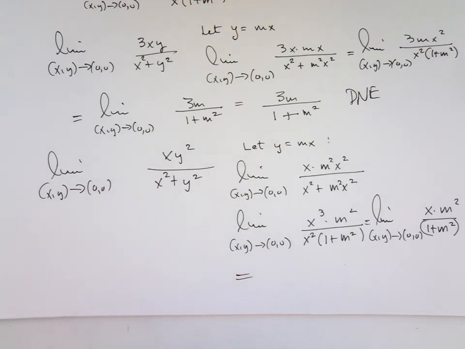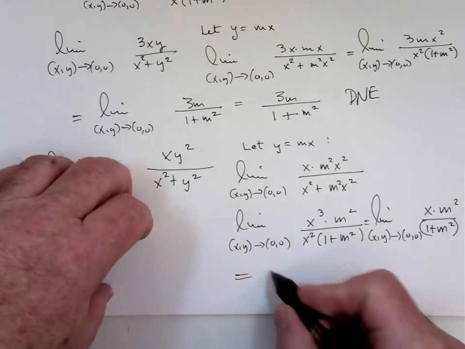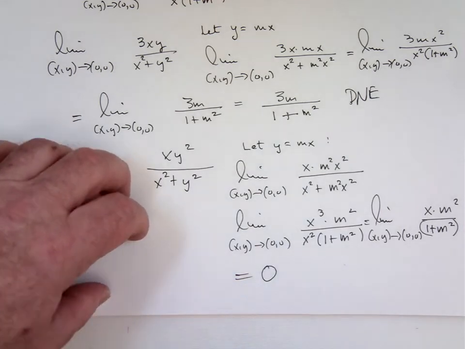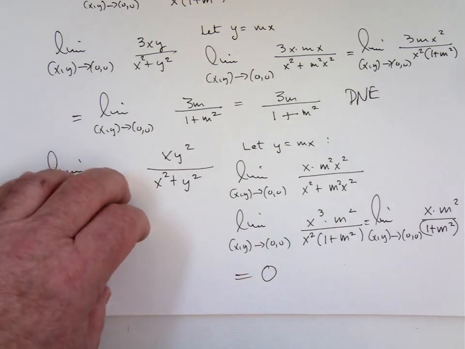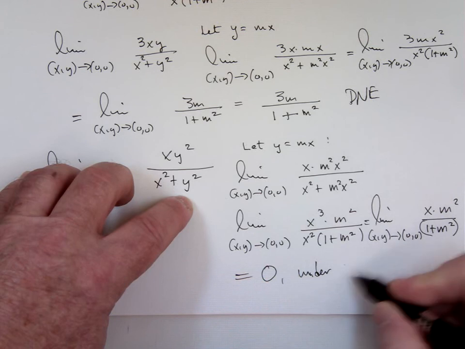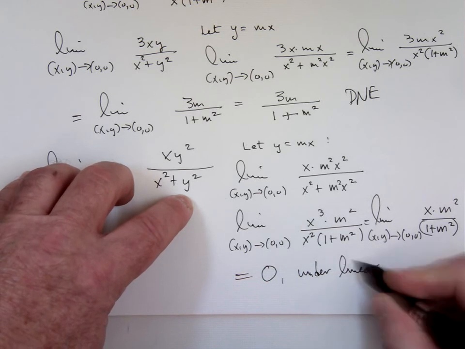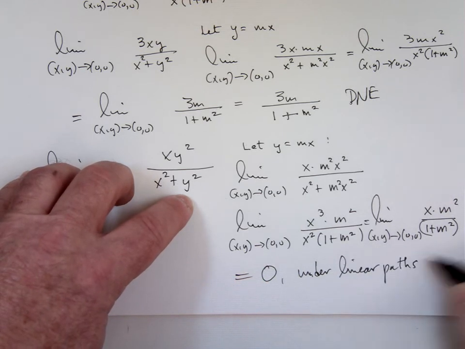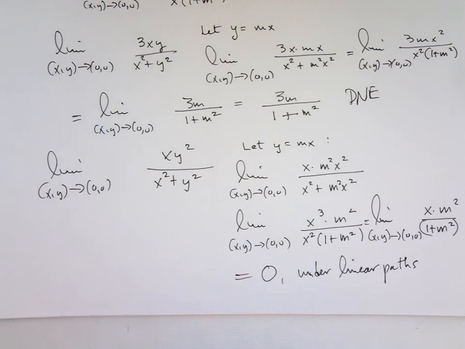Doesn't matter what m is. As long as x is going to go to 0 here, what is that limit? 0. That limit does exist and is equal to 0 under linear paths. Okay? And that's all we can do, is say under linear paths, that limit is 0.